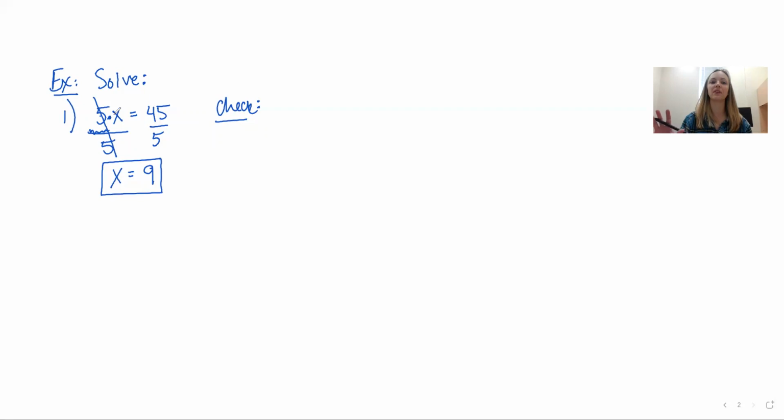That way, it'll completely check the equation, not just the second half of it where you were solving. So plug into the original equation. So plugging in here, we had 5x, so 5 times 9 equals 45. And that is true. 5 times 9 is 45. So we get a true statement.